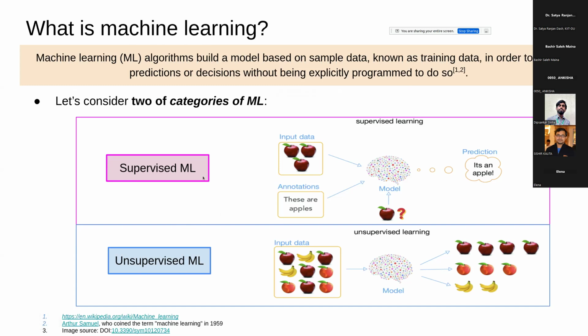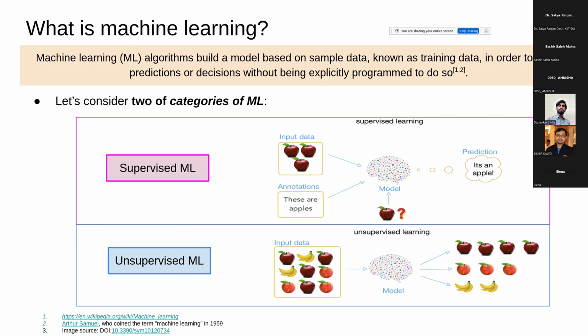In supervised machine learning you have labels. That means if you want to build a model like cat versus dog, then you have images of cats and dogs, and for each cat image you have the label cat, for each dog image the label dog.